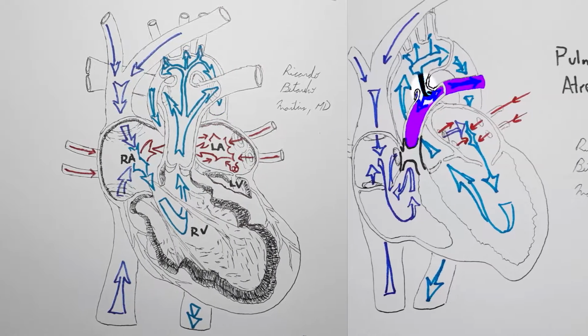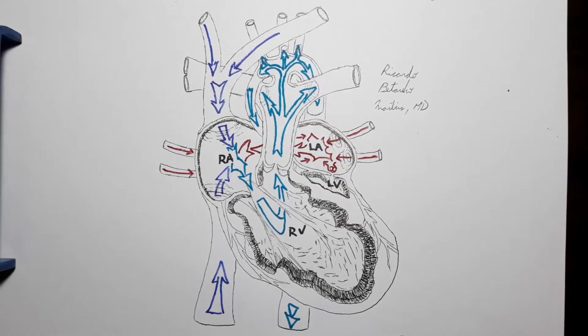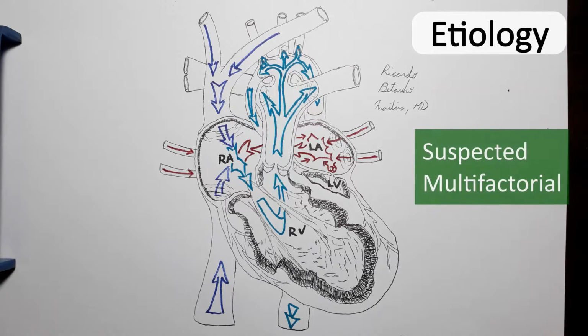If you have been watching other videos of congenital heart disease from my channel, it definitely won't come as a surprise to you that the etiology for hypoplastic left heart syndrome is unknown and suspected multifactorial. This is actually quite common for heart malformations.